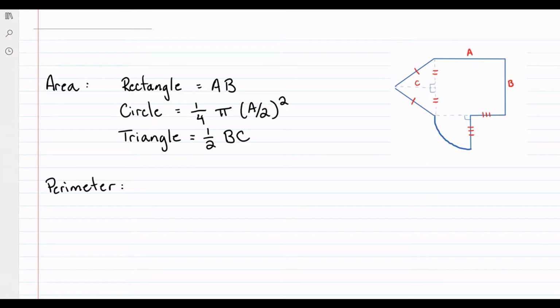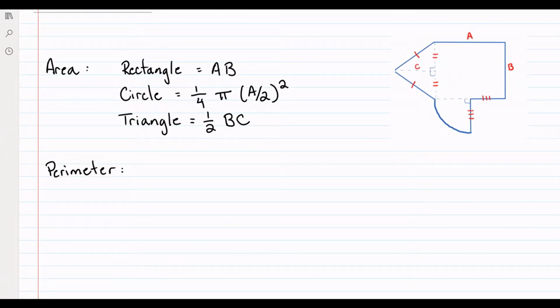Now the perimeter. Let's just start and go around the shape here to see what's going on. If I'm starting here, my first side for my perimeter is A, plus this side is B, plus this is A over 2, and then down this side is A over 2.